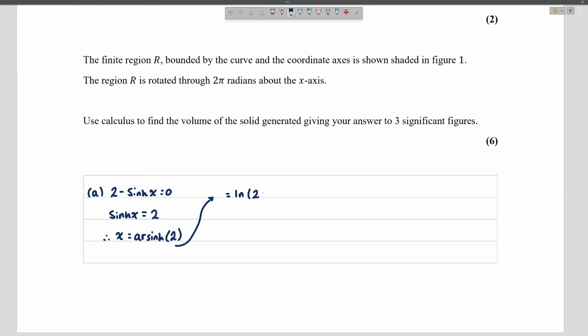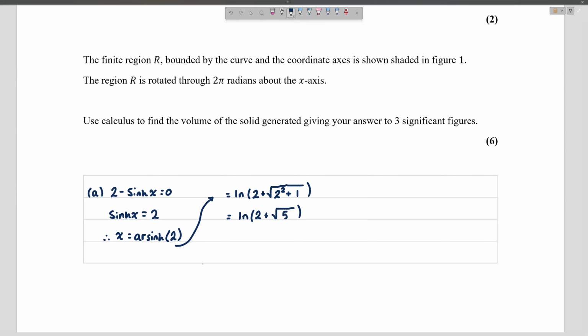So ln of 2 plus the square root then, we get 2 squared plus 1. Okay, simplify the inside of the bracket here. What we get then is ln of 2 plus the square root of 5. Okay, and this here then is the x coordinate for the point of intersection here.